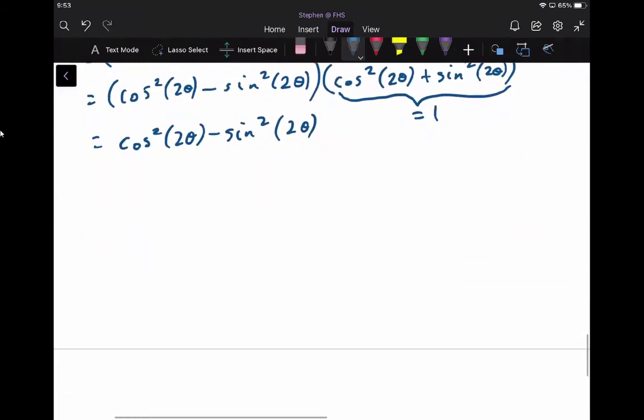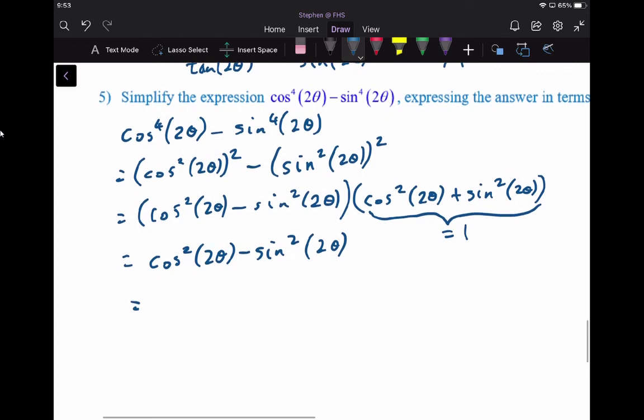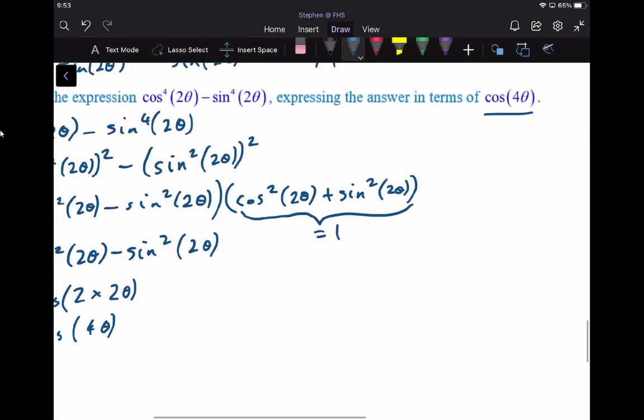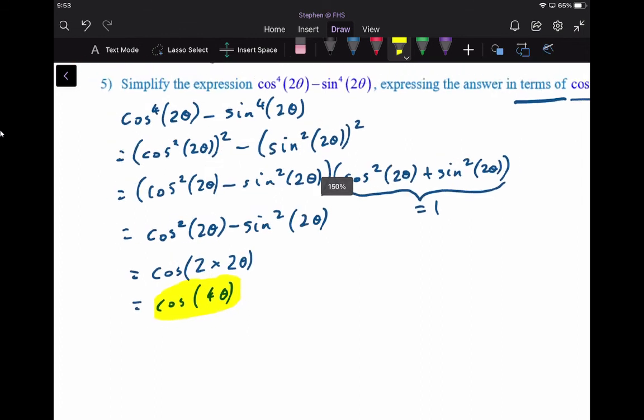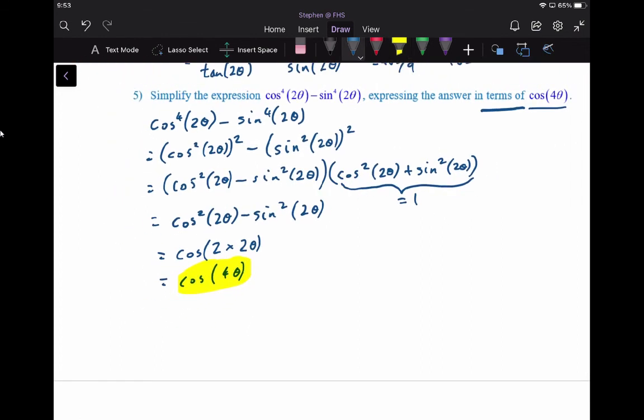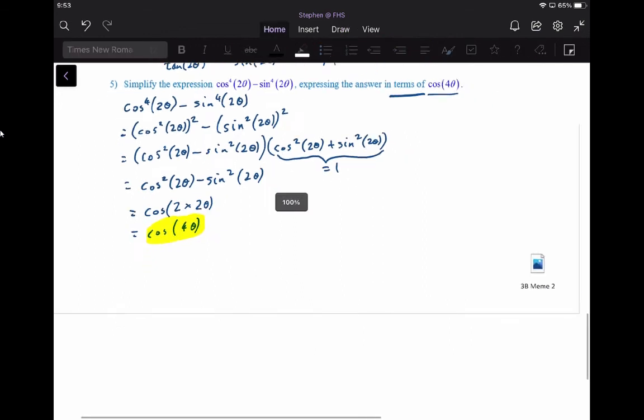In other words, cos squared of 2 theta minus sine squared of 2 theta is really cos of 2 times 2 theta, which is simply cos of 4 theta. And the question wanted our answer in terms of cos 4 theta. And what do you know? We've got our answer, which is exactly cos 4 theta. Excellent. So there we go. That is how you simplify that sort of expression using a double angle formula.